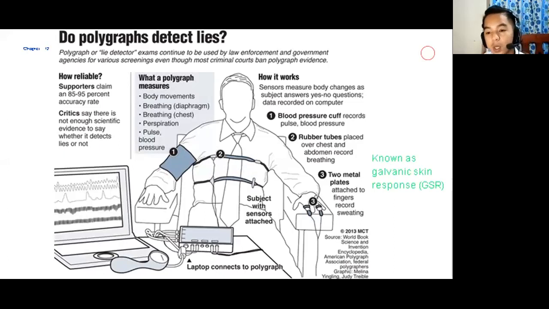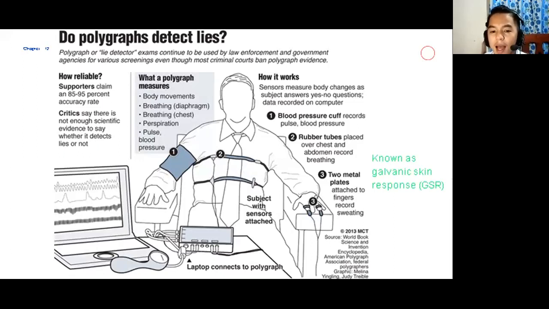The question here is, do polygraphs really detect lies? According to some supporters, the accuracy of the polygraph is 85 to 95%, while critics say that there is not enough scientific evidence to say whether it detects lies or not.